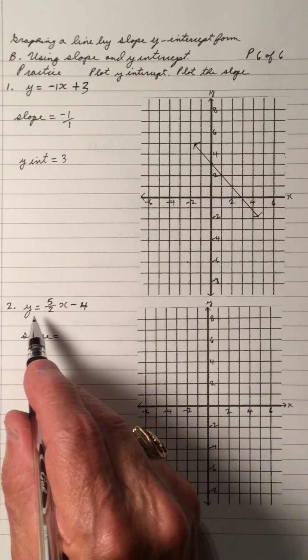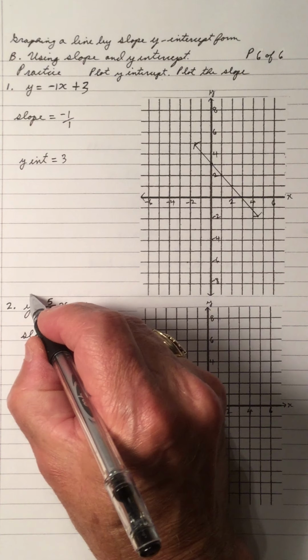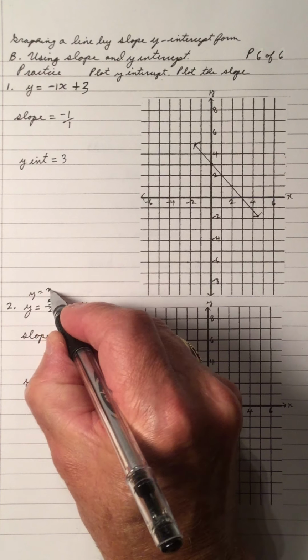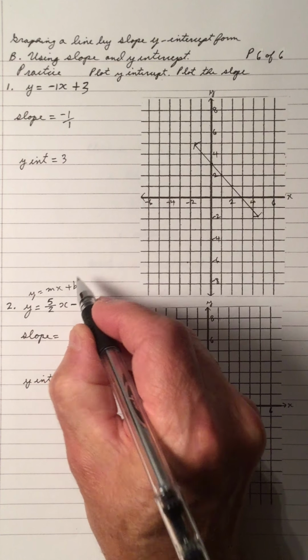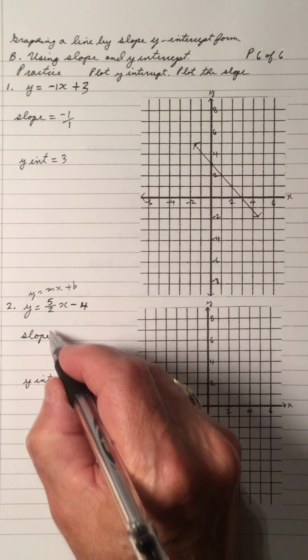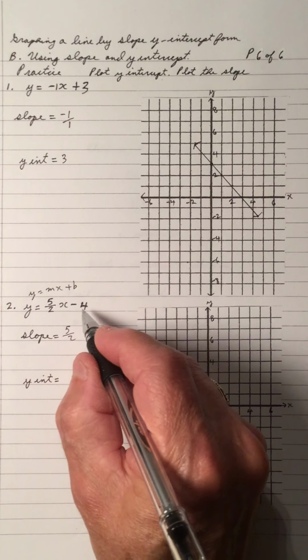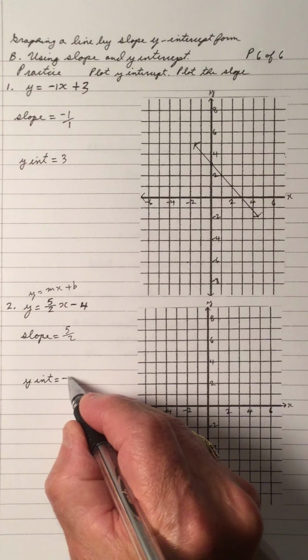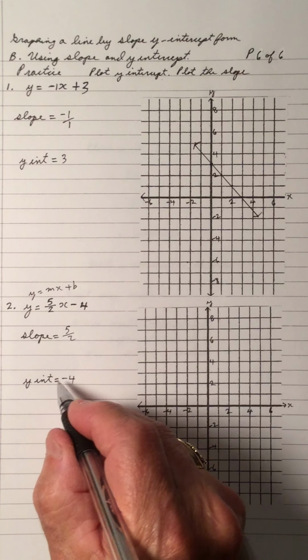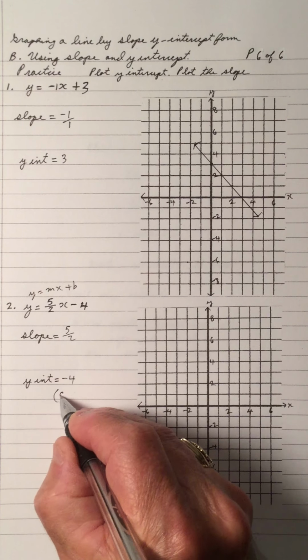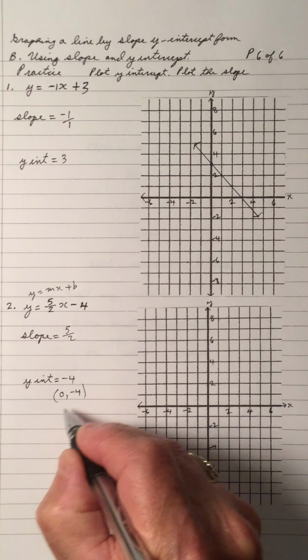Number 2, y equals, just to stress, y equals mx plus b, the slope-intercept form. The slope is 5 over 2, the number in front of x when it's solved for y, and the last number is your y-intercept of negative 4. And again, that's understood to be (0, negative 4) as a point.